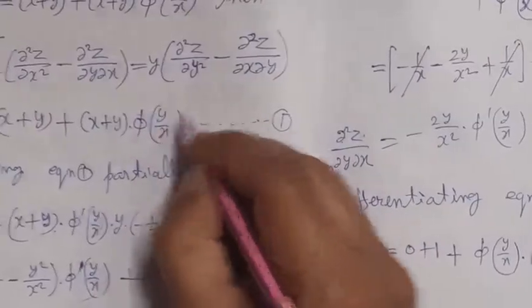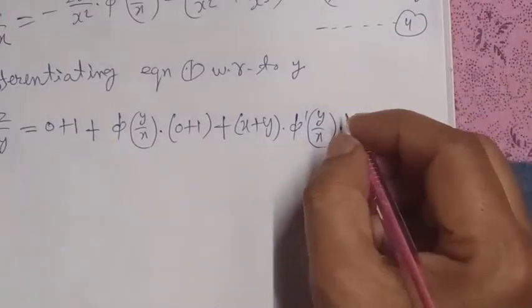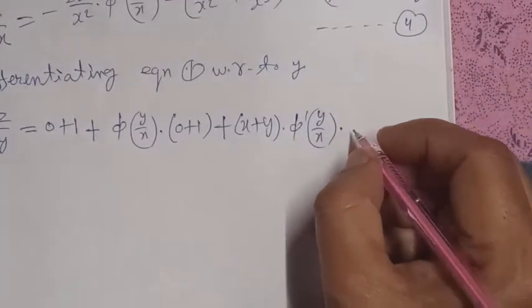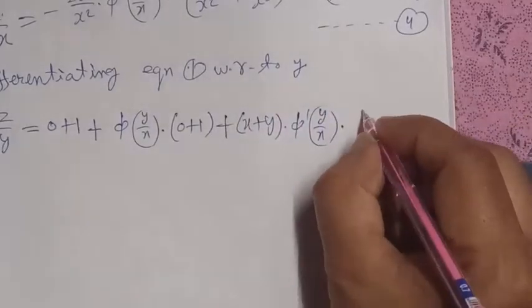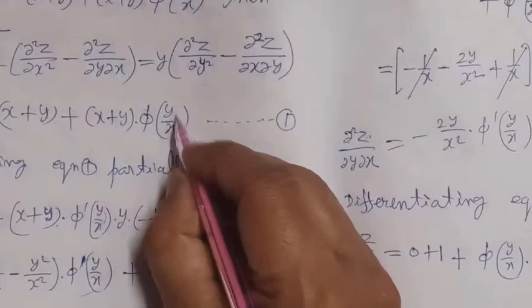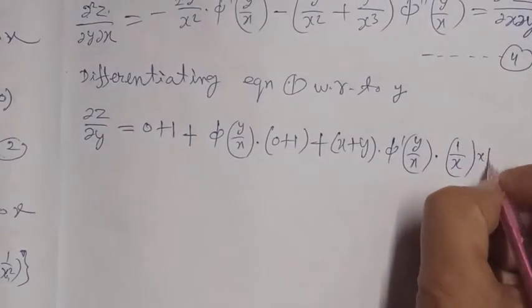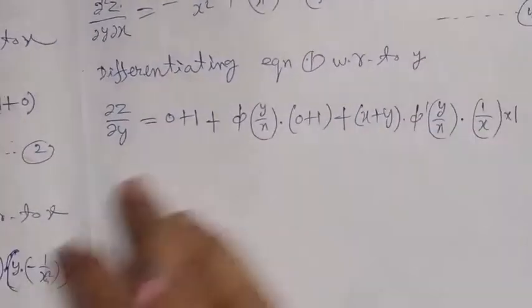So by chain rule we should differentiate partially y upon x with respect to y. For y, x is constant, so I take out 1 upon x as a constant, and differentiation of y with respect to y is equal to 1.